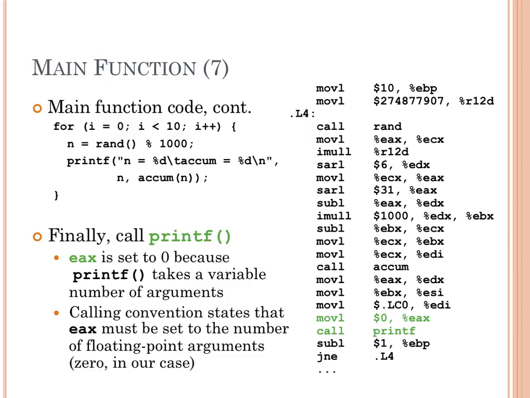And because of that, we also need to tell the system how many of those arguments are floating point. That's why we move 0 into EAX. The compiler does this for us. Thankfully, we have no floating point arguments, so it's just set to 0. And then we call printf. All right, any questions about how this main function does its thing?